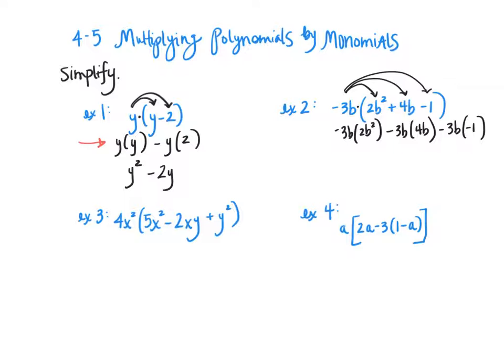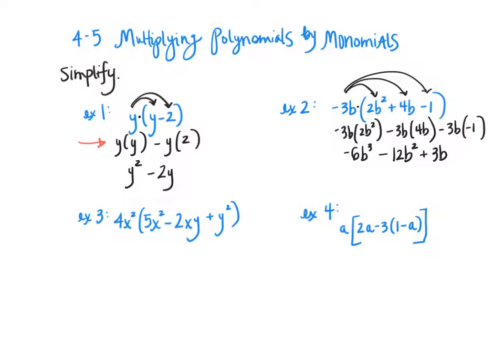And then we would simplify. So a negative 3b times that first term, 2b squared, is going to be negative 6b to the third. Then we have a negative 3b times 4b, which is a minus 12b to the second. And then we have a negative 3b times a negative 1, which is positive 3b.